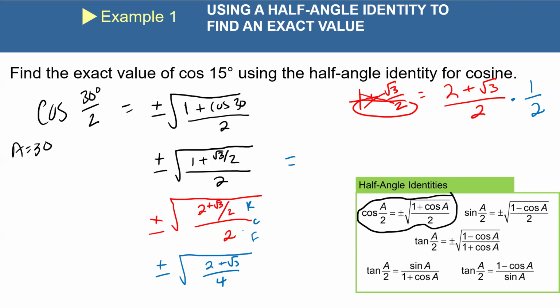Okay, so for our final answer, I can take the square root of 4, but can I take the square root of the top? No. So our final answer will be plus or minus the square root of 2 plus the square root of 3, all over 2, because the square root of 4 is 2. And that is our exact answer. So the same thing, just with another formula.